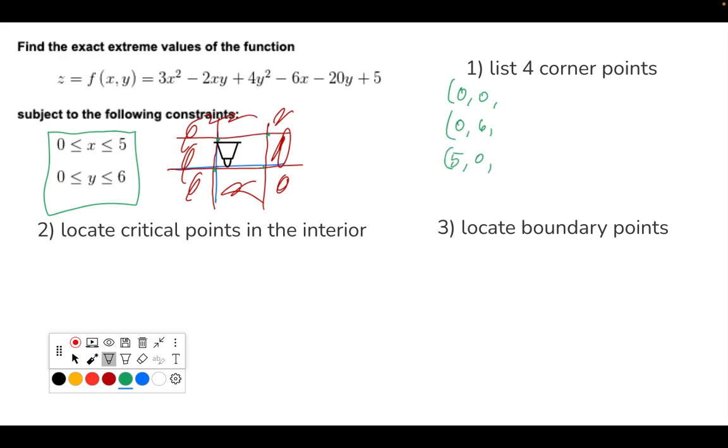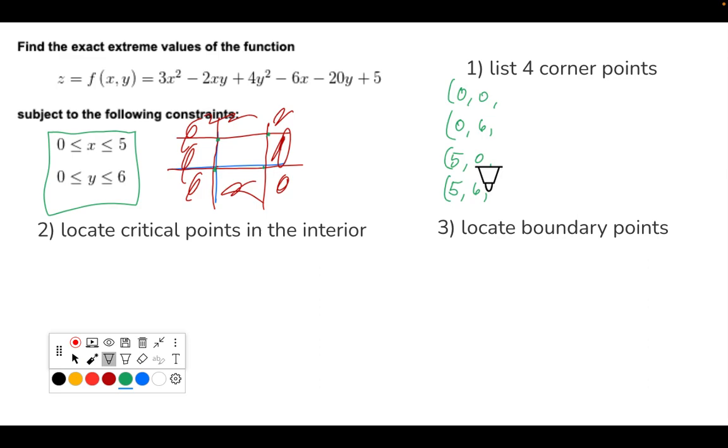And this one up here, x is 5 and y is 6. So you see how to get the corner points. And again, you'll get an example with some different numbers. You just draw the little rectangle and you get those 4 points.